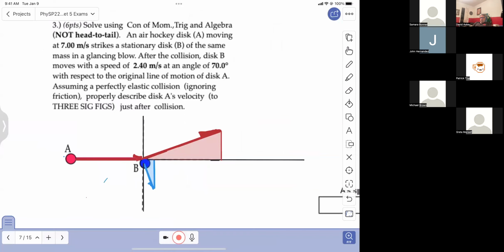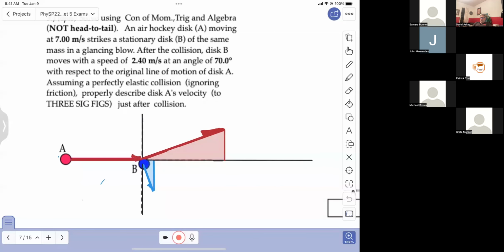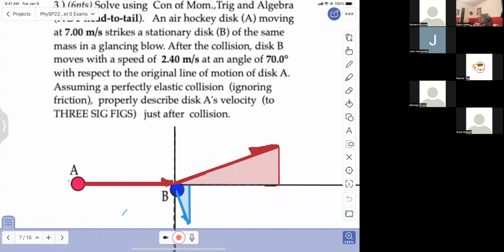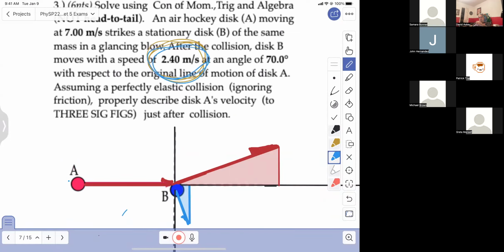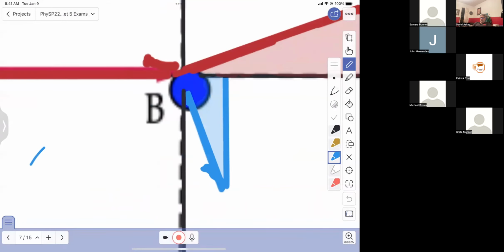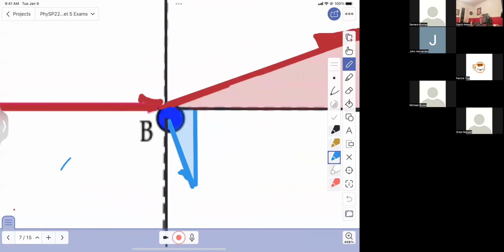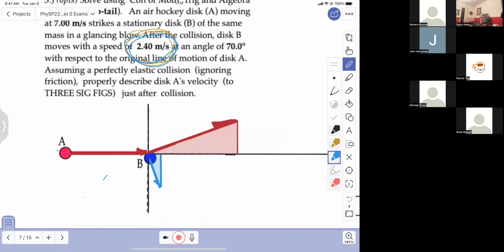Okay, it's moving along, strikes stationary disk B of the same mass at a glancing blow. After the collision, disk B moves at a speed of 2.4. See, this is something you did not have on the worksheet, and that made it really hard. So when you're given that, that's the blue velocity vector's length, the hypotenuse length, which helps you a lot.